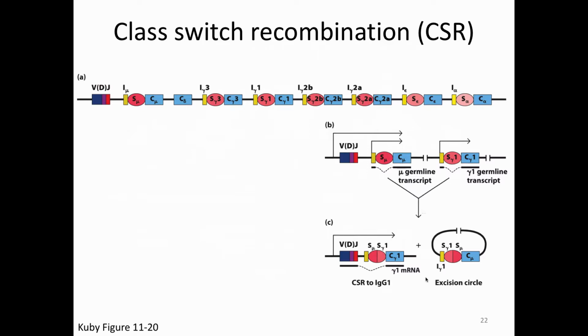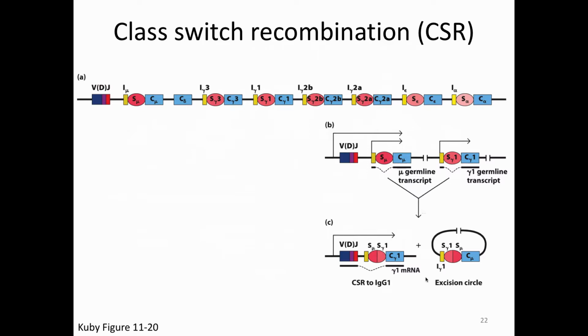It is not nearly as big as the constant region. But you can see that before each constant region, there is a switch region, or a switch site. They don't show a switch site before D, but actually there is one. I don't know why they didn't put one there.